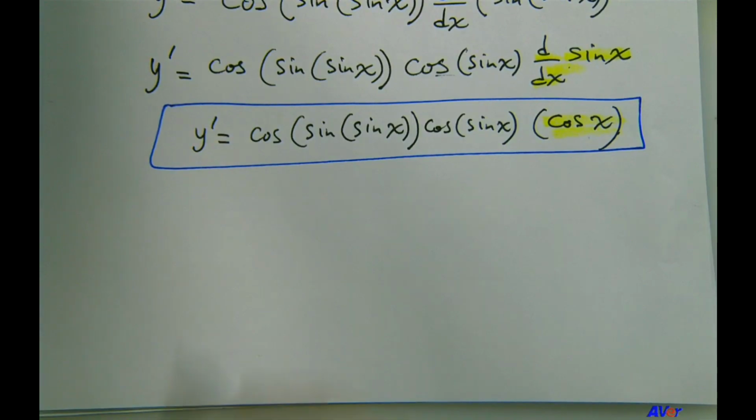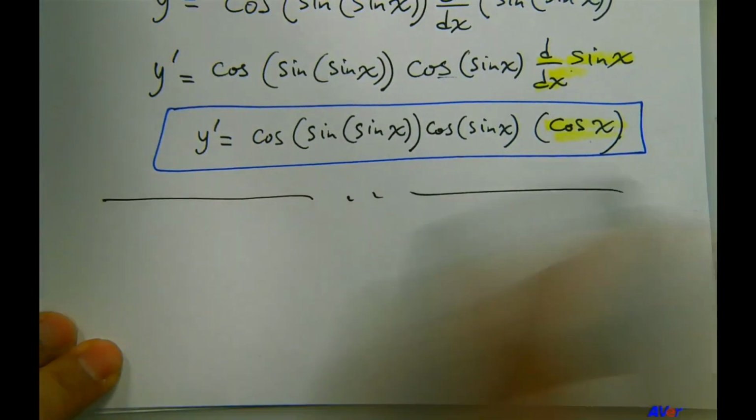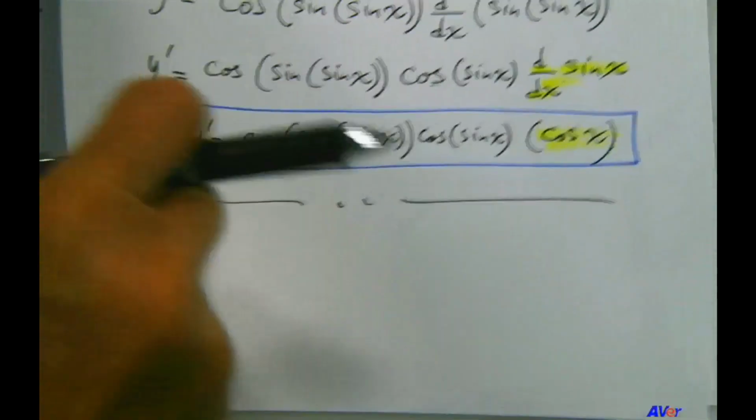So let's do another example here. That was h, so this would be i.